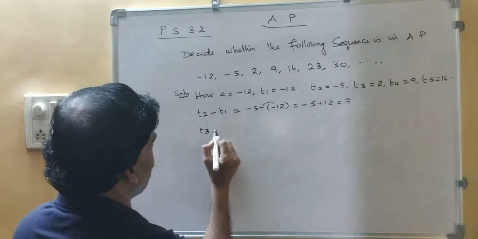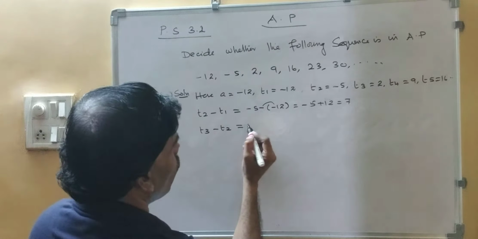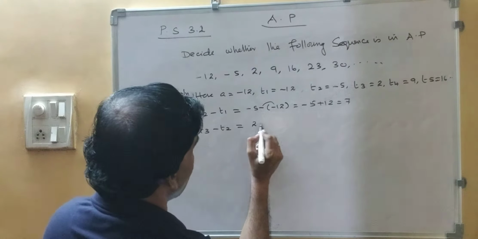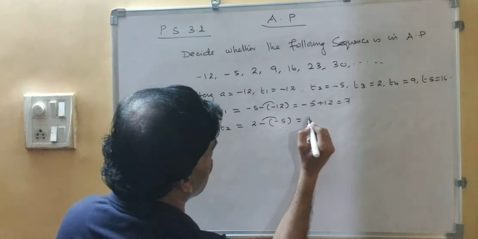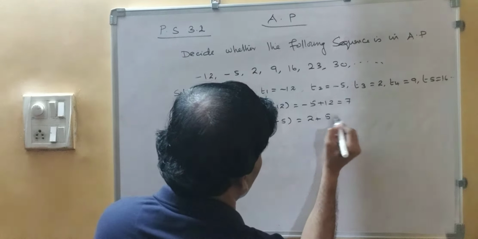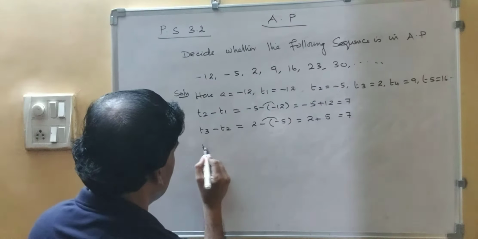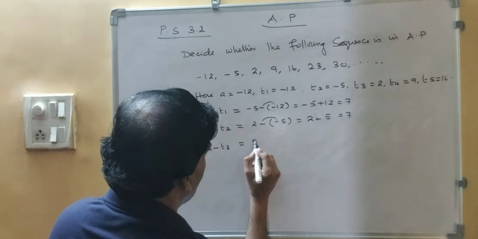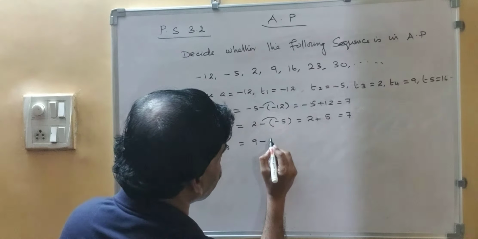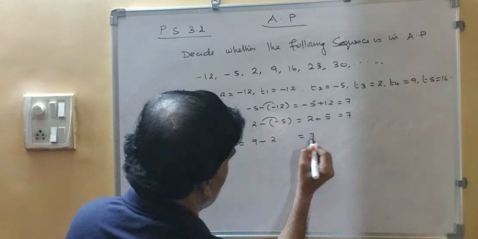Now T3 minus T2. What is T3? 2 minus (minus 5). Minus into minus, plus, so 7. Now T4 minus T3. What is T4? 9 minus 2 is equal to 7.